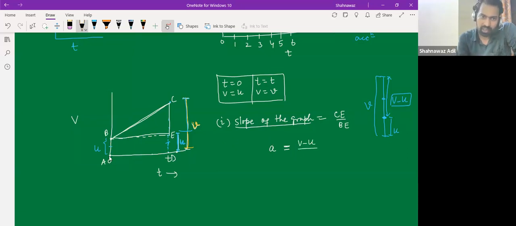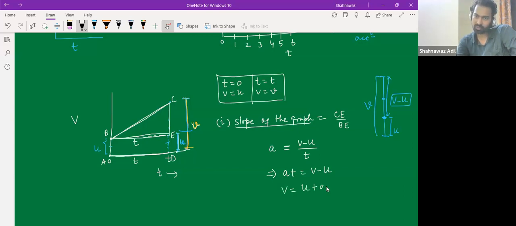Okay. And this much is how much distance? 0 to T. So this is T. So BE is T. Clear, guys? Yes, sir. So then this is AT equals V minus U. So V is U plus AT.